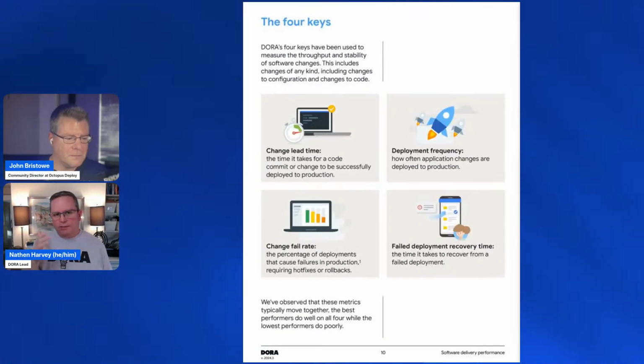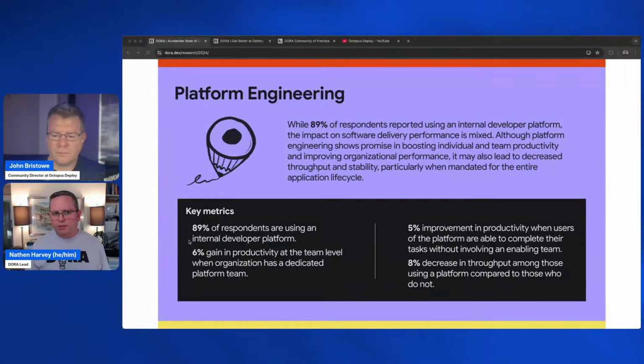Interestingly, we're seeing that platform engineering is actually not improving those metrics. It's not improving a team's or an organization's ability to safely and quickly deliver software. This was a bit of a surprise, but we have a bunch of hypotheses around why that might be. One comes down to why you're investing in a platform in the first place.